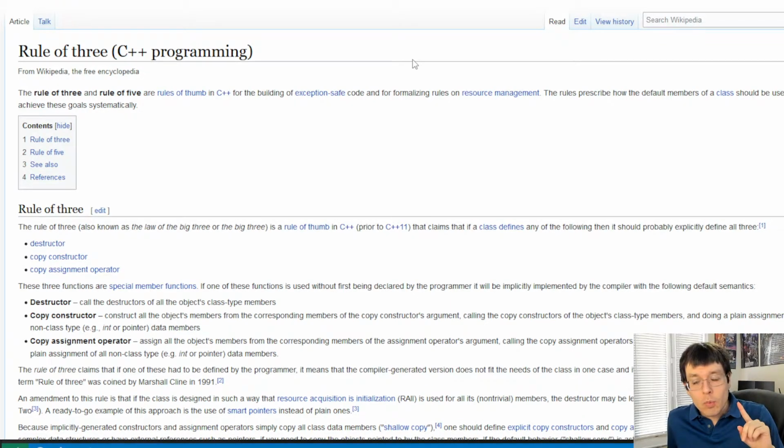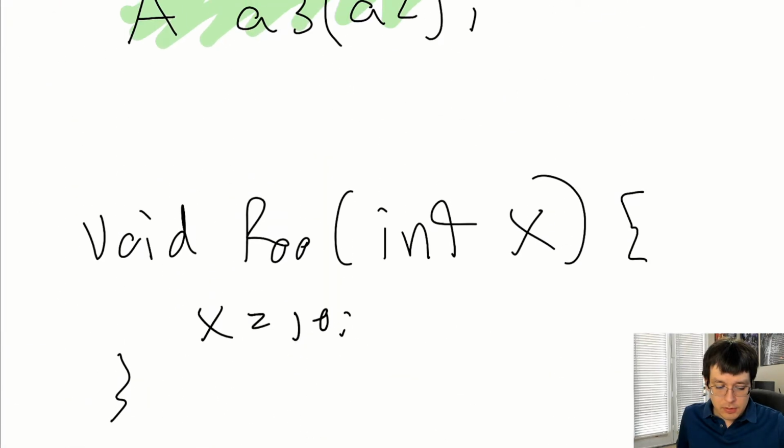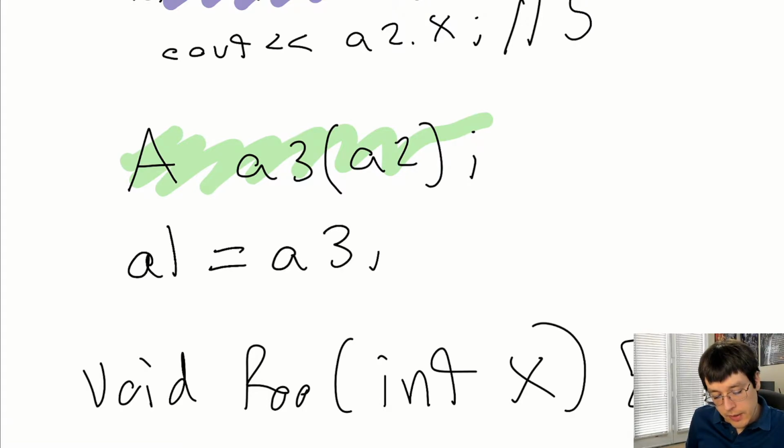Now, we haven't gotten to operator overloading yet, so we will revisit what the copy assignment operator is, but in short, you have the same situation here when you're doing something like this. So let's say we have our A1 and we're assigning A3's value.